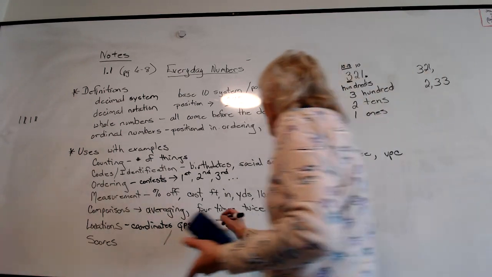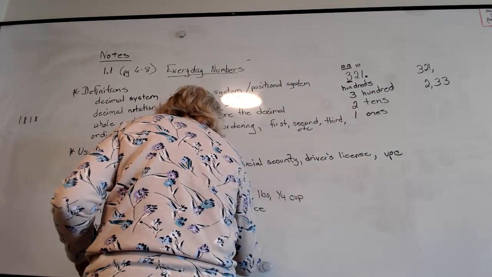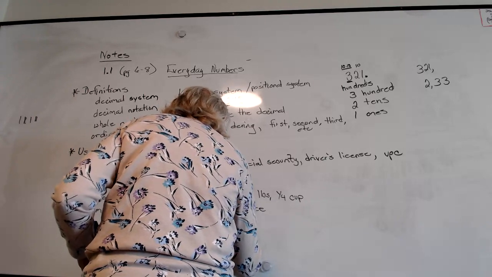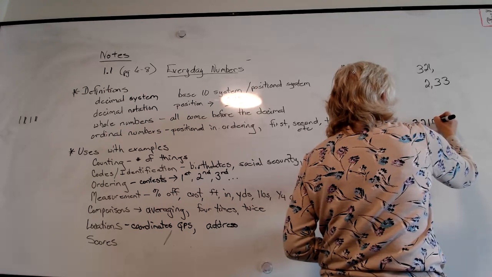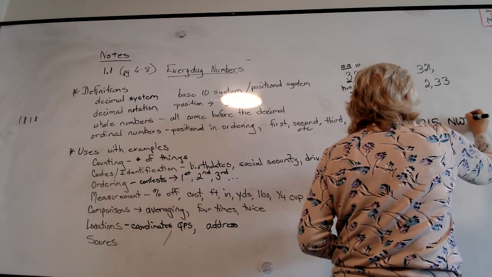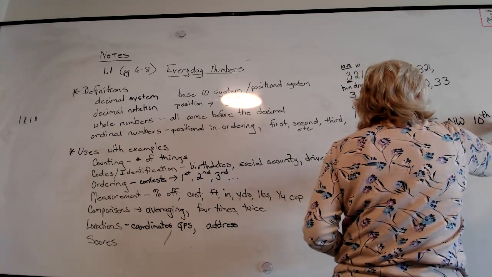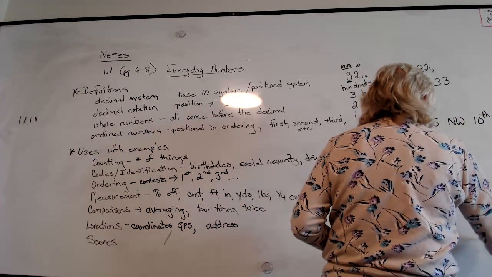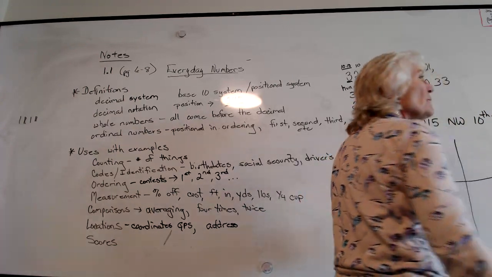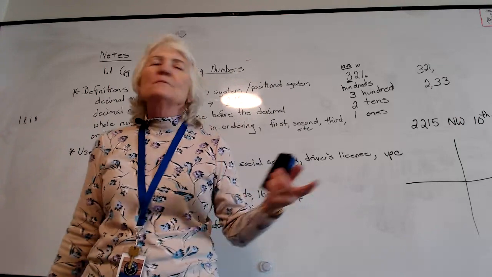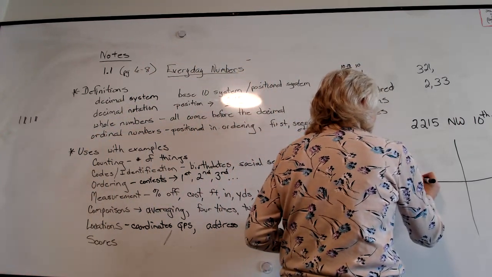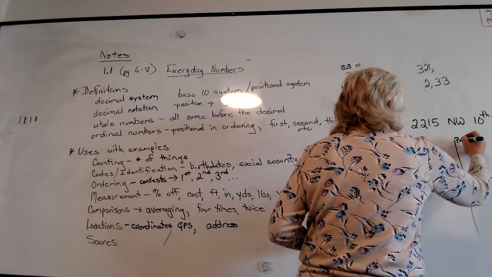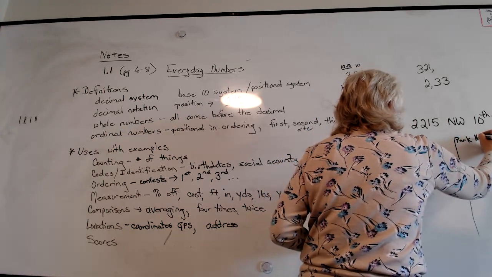So I was just going through this with another class today. When you're looking at an address, this is my address. Basically, in the middle of Battleground, I live in Battleground. In the middle of Battleground runs Main Street, and this is Parkway, or Park Avenue.